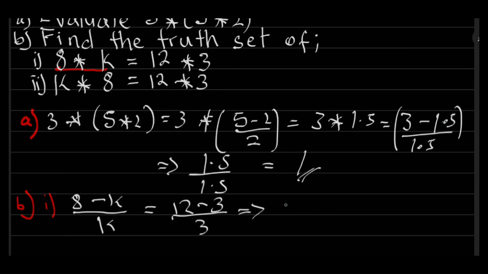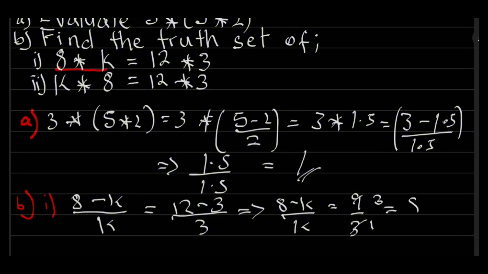So we have 8 minus k all over k equals 9 over 3. 3 into 9 is 3.